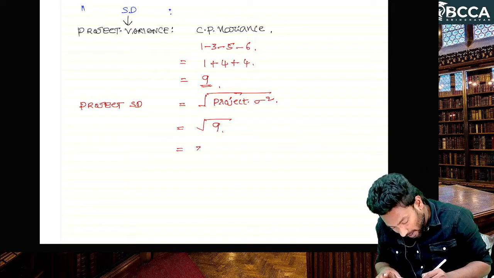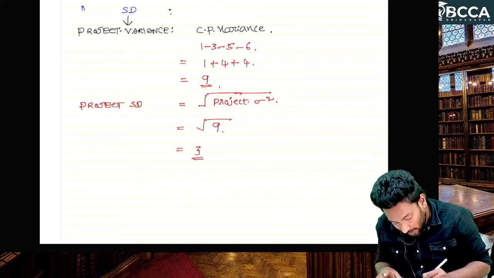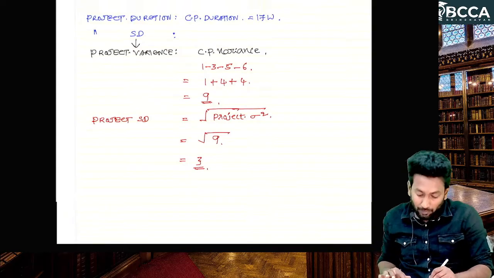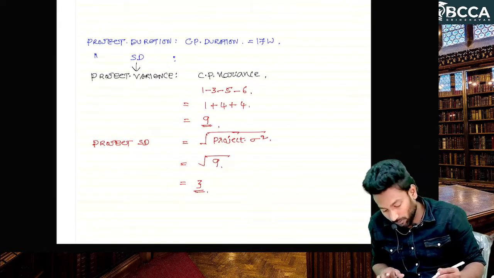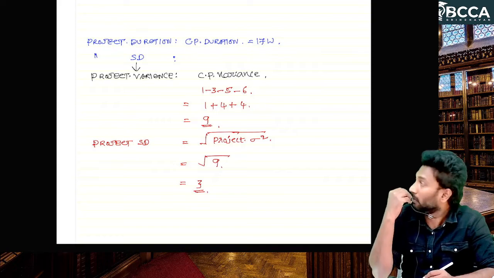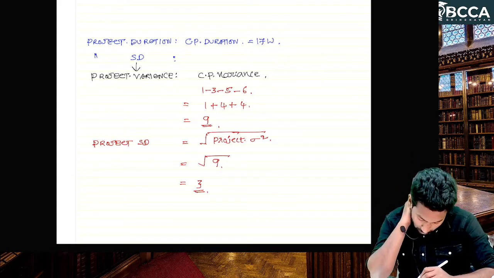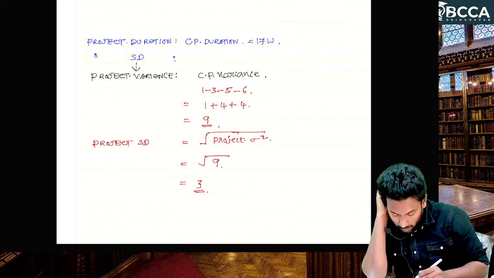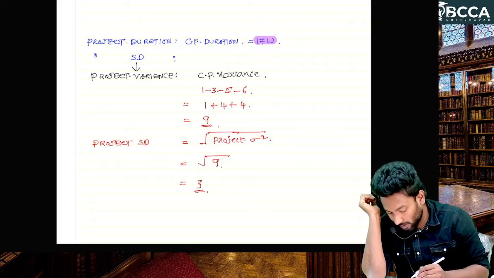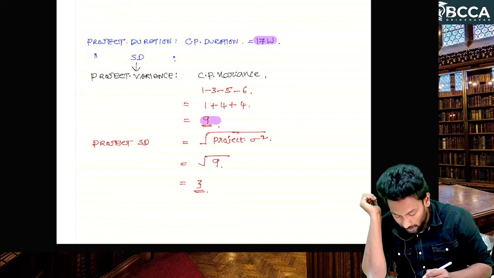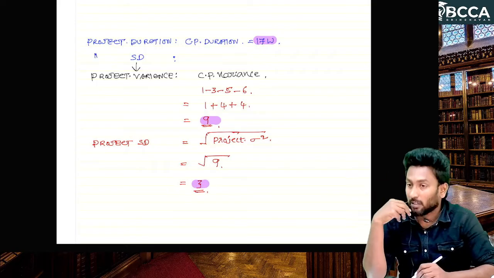That means the standard deviation of the project is 3. So project duration is 17 weeks, project variance is 9, project standard deviation is 3, sir.